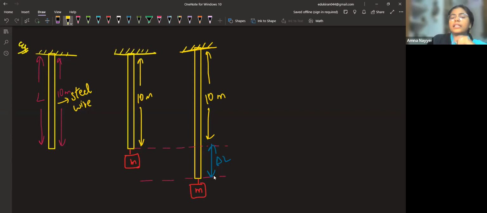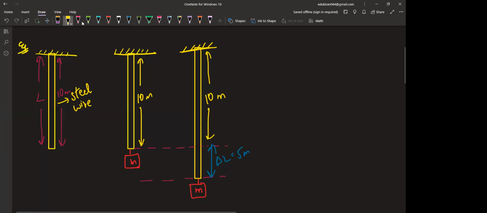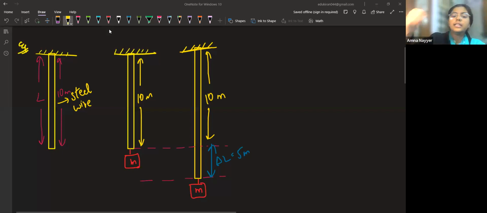Suppose the length which it has increased is 5 meters.